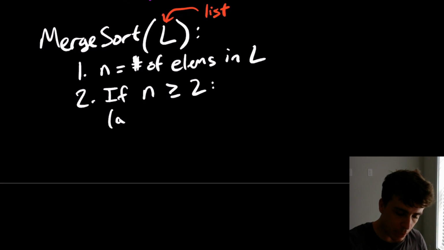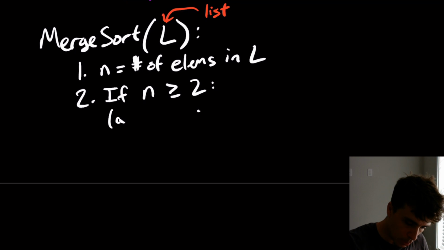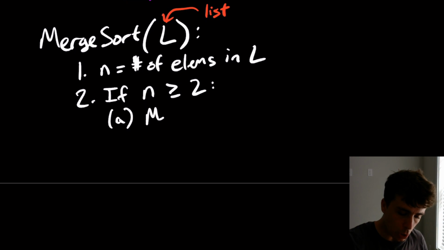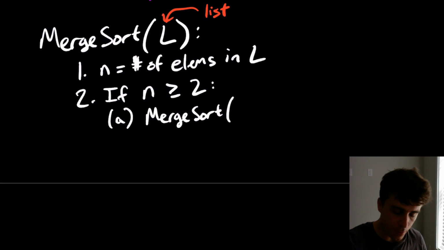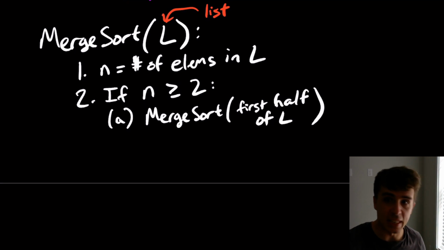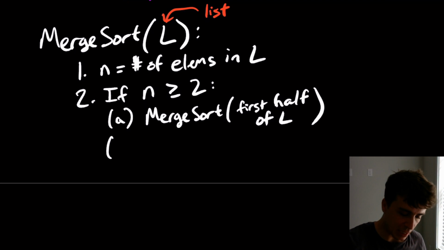So what I'm going to do here, oops, accidentally undid there. So I'm going to just call merge sort on the first half of the list. So here I'm just going to say first half of L. There's a little bit of a technicality there, which I'll address in a second.